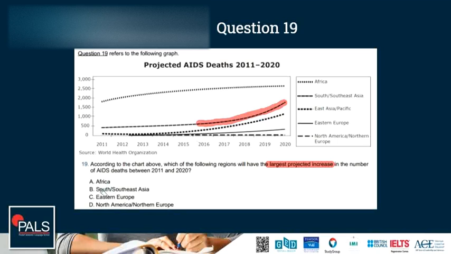So for projected increase, the strongest rise we have is in South and Southeast Asia, answer B.